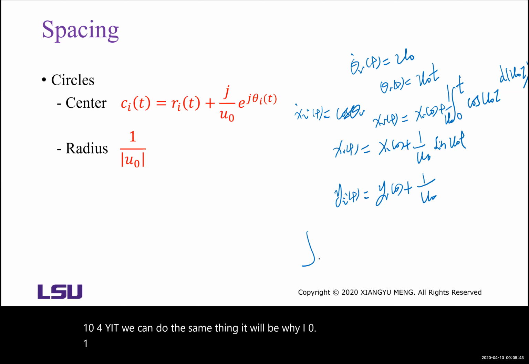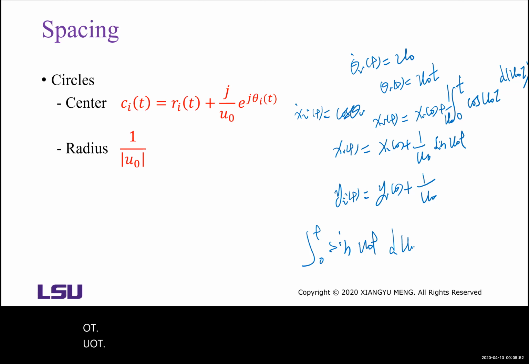For yi(t), we have yi(0) plus 1 over u0 times the integral of sine u0 t, which gives minus cosine u0 t, then minus cosine 0, which is 1, so minus 1 plus u0.